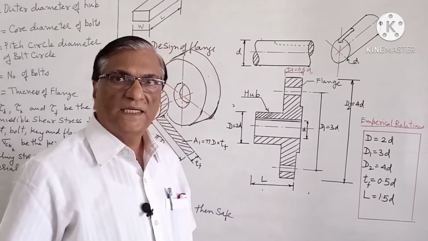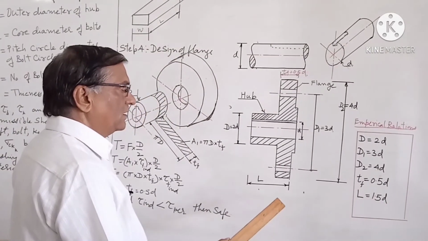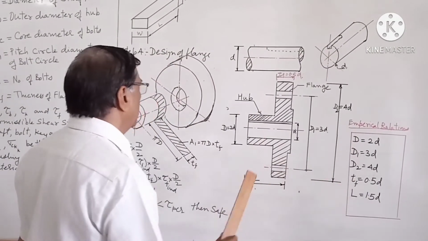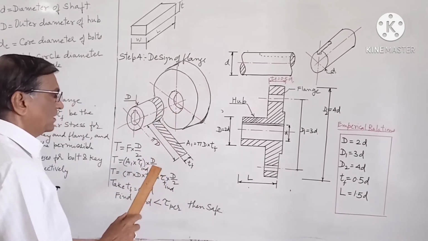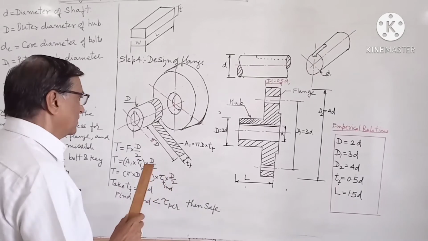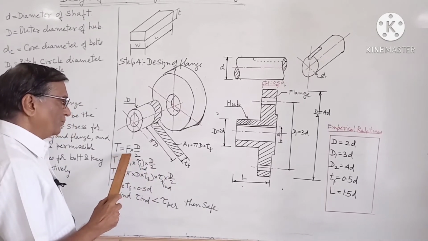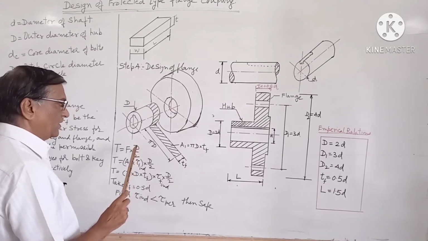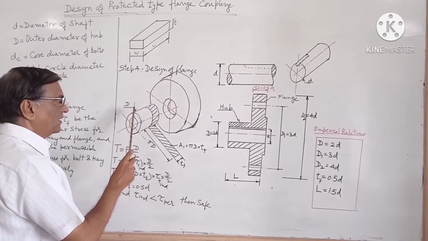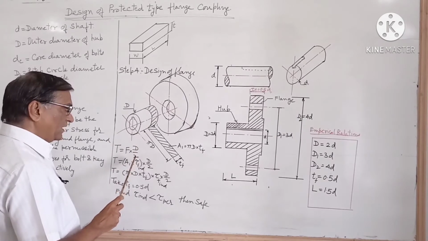Now after finding the dimensions of the flanges empirically, we will check the dimensions of the flanges for shear stresses. Now torque is equal to tangential force into radius, so outer diameter of the hub divided by 2.